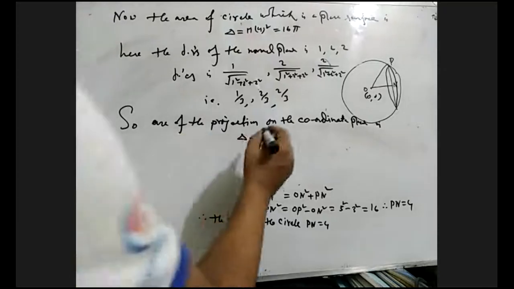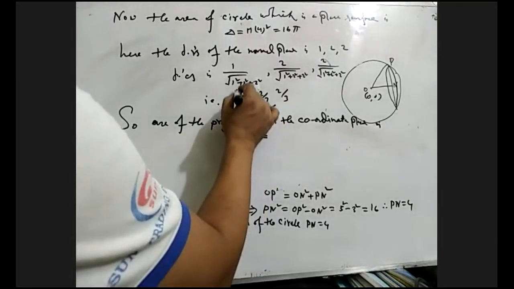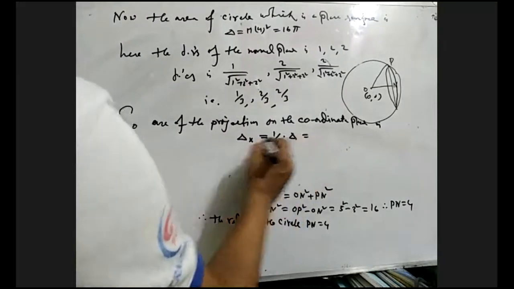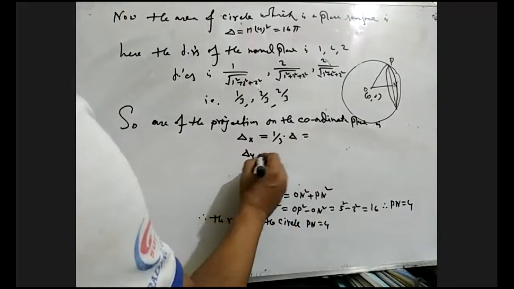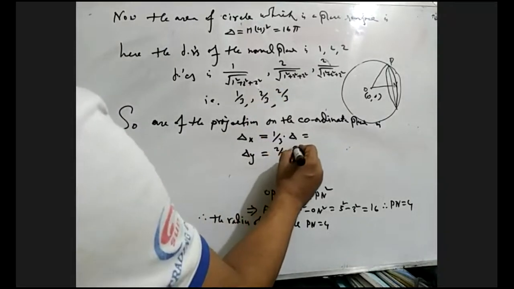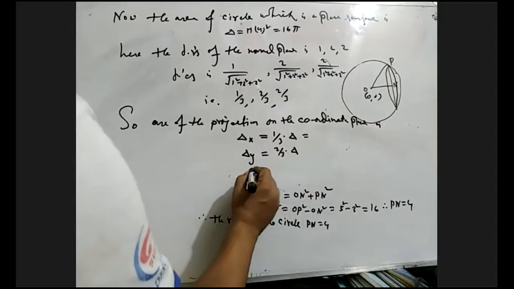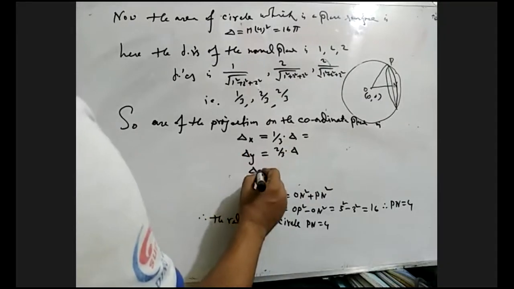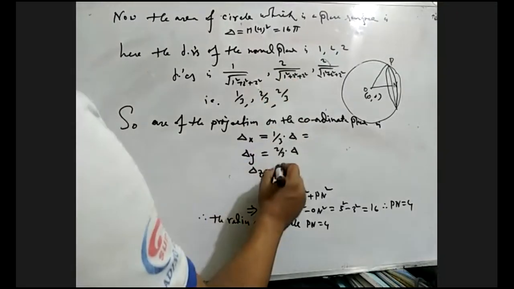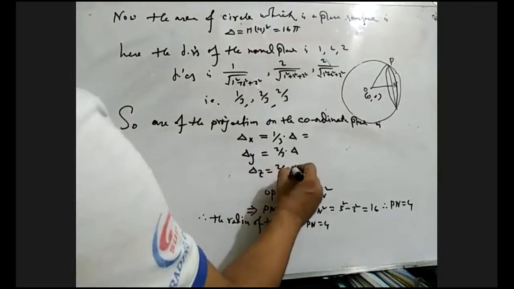So 1 by 3 into the total area; the projection along the y-axis is the direction cosine along y into the total area; and the projection along the z-axis is 2 by 3 into the total area.